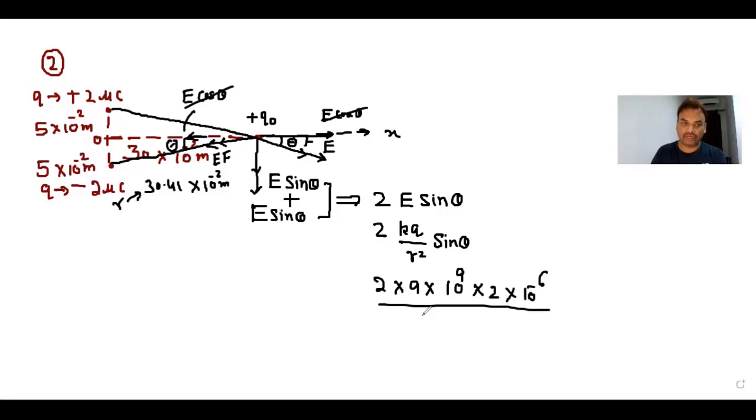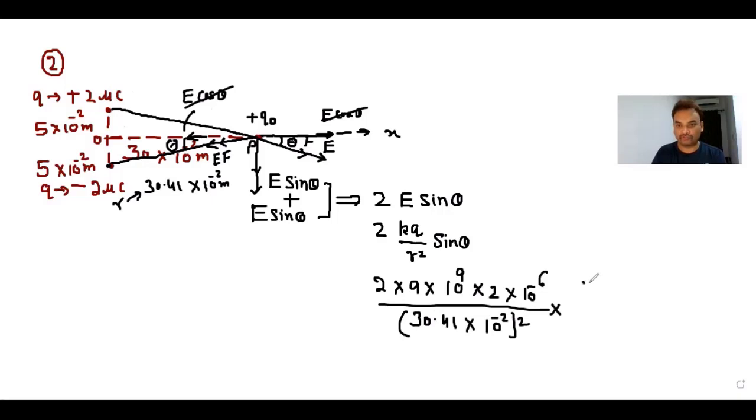Now I have to do R square, so 30.41 multiply 10 raised to the power minus 2, and then whole square, and then multiply by sine theta. I can calculate sine theta in this triangle. So this is my point P, and POQ, this is Q. In the triangle, you can choose the upper triangle or the lower triangle. So find out the sine theta. Sine theta is perpendicular upon hypotenuse.